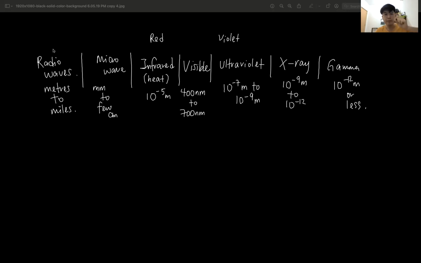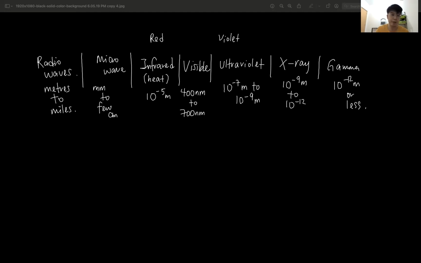Okay, if I want to detect a wave, I want to pick up a signal from a wave, the detector needs to be at least as big as the wavelength of the wave that I want to detect. For example, radio waves.